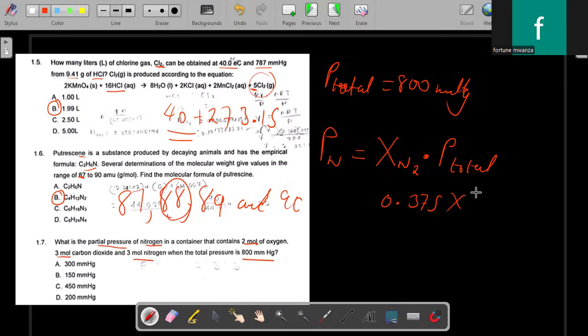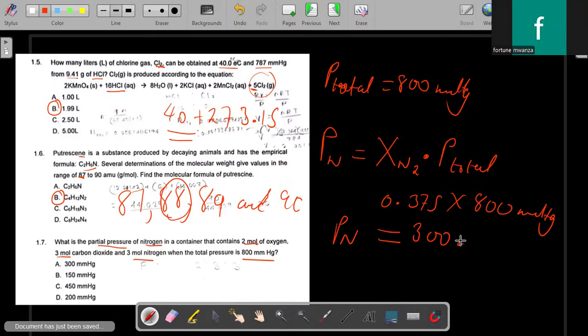Then I multiply with the total pressure, which is 800 millimeters of mercury, and I find the partial pressure for nitrogen to be 300 millimeters of mercury. So the answer is A.